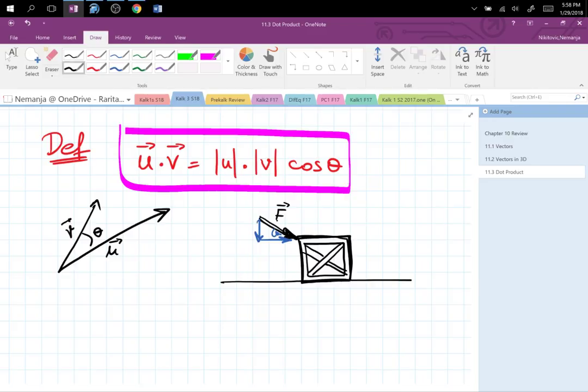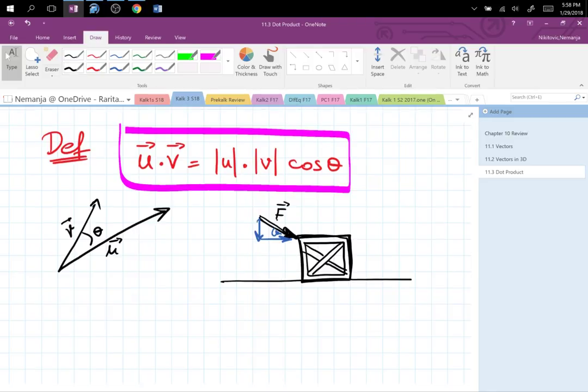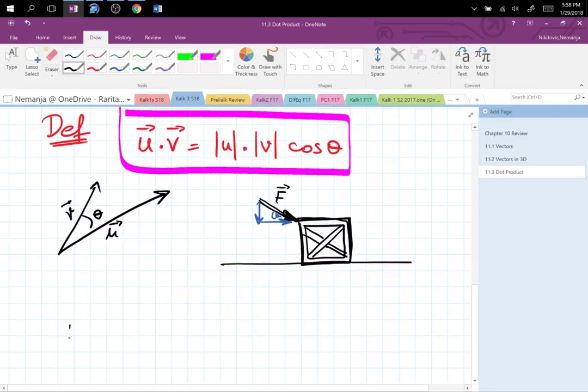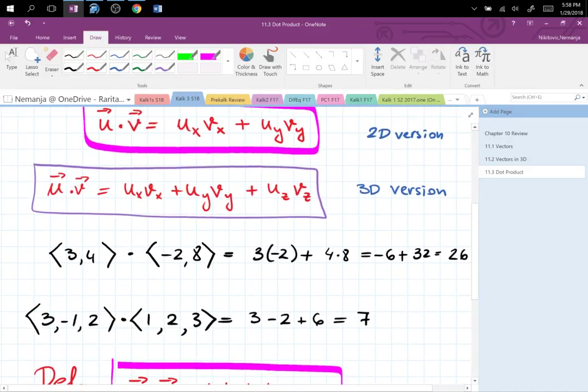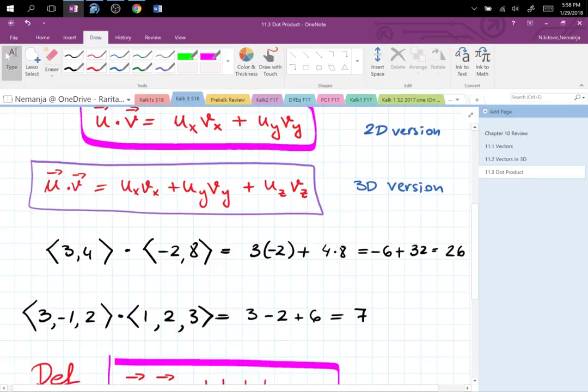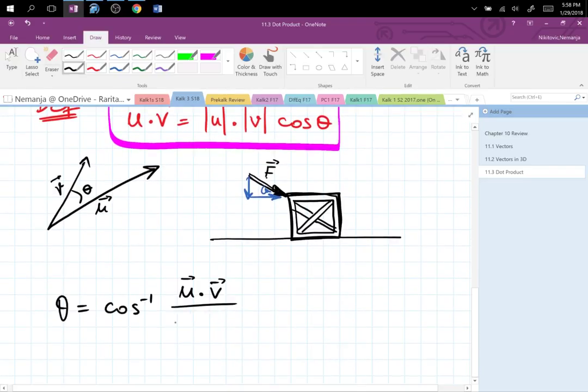By simply rearranging the formula and using the inverse cosine, we have that theta is equal to inverse cosine of u dot v, which we know is the scalar component. We did two examples over here. We got 26 and 7. And then you also have the multiplication of the two magnitudes. Each magnitude is a scalar value as well. So you're going to have a cosine of a number.